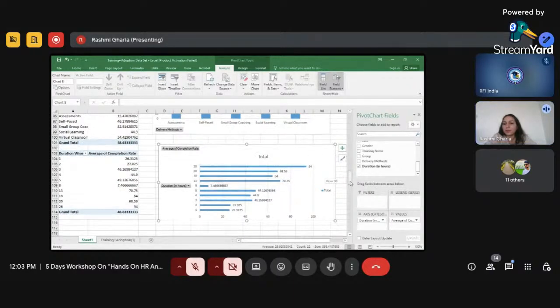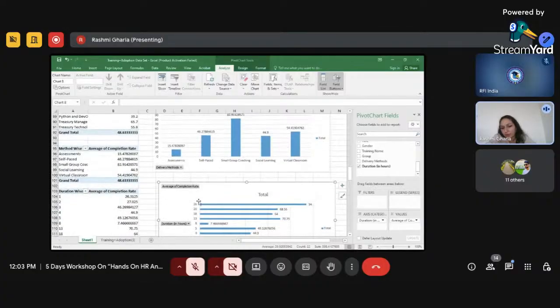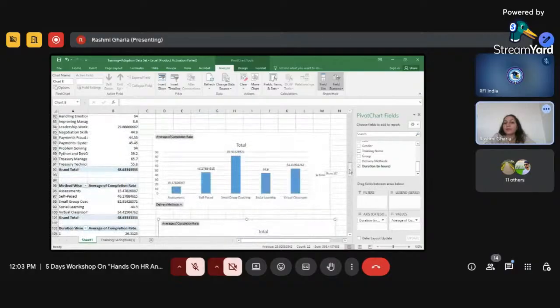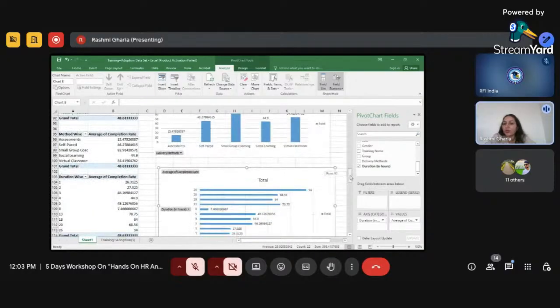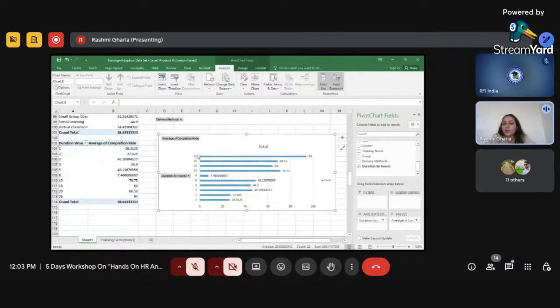Because of the methodology we have adopted, the duration of the training program is on the higher side, but the type of program we offered and the methodology are also effective. Because of this reason, people are completing it. I hope you got it.